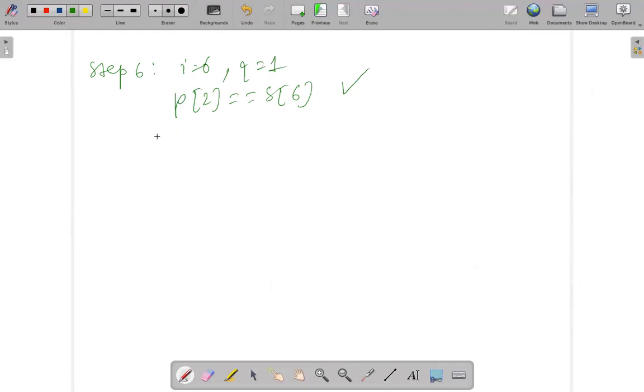So we have found that P2 is equal to S6. And again in step 7, if we continue, I becomes 7 and Q becomes 2. P3 is matched with S7. And again, this is true.